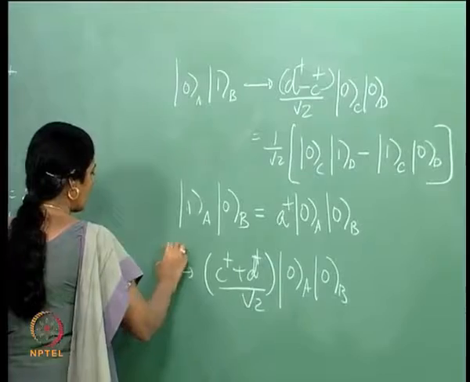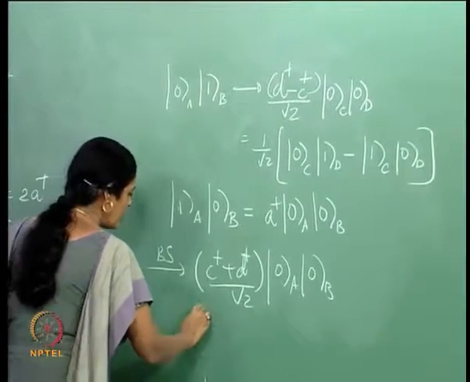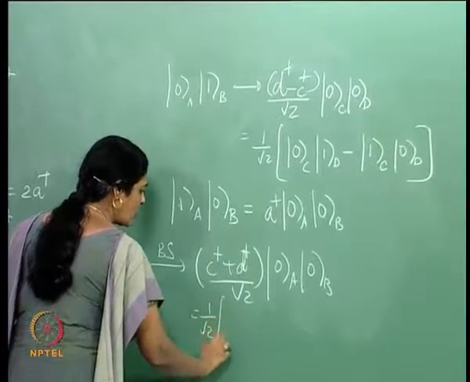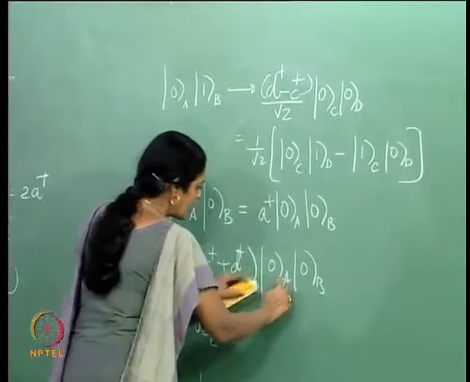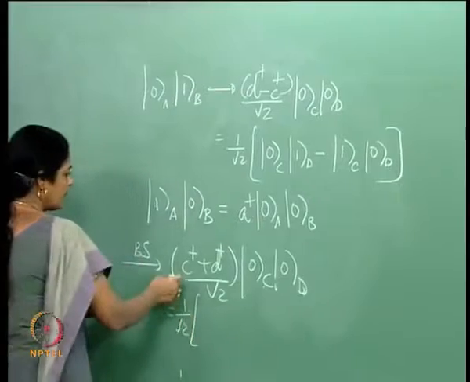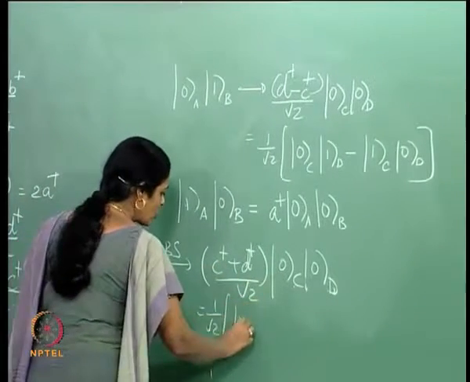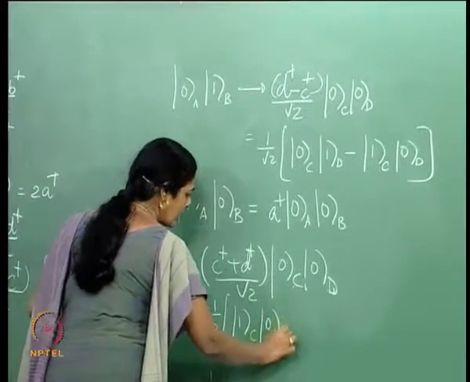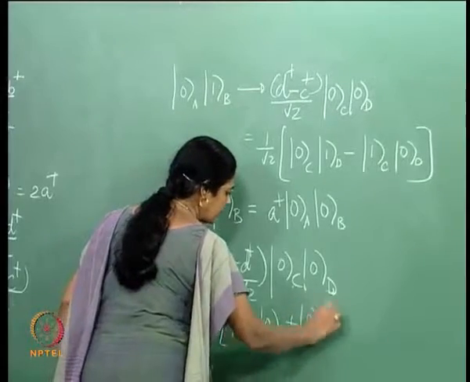So this is what happens when it goes through the beam splitter, and this is the same as 1 by root 2, but 0A 0B is the same as 0C 0D, and therefore this gives me 1C 0D plus 0C 1D.